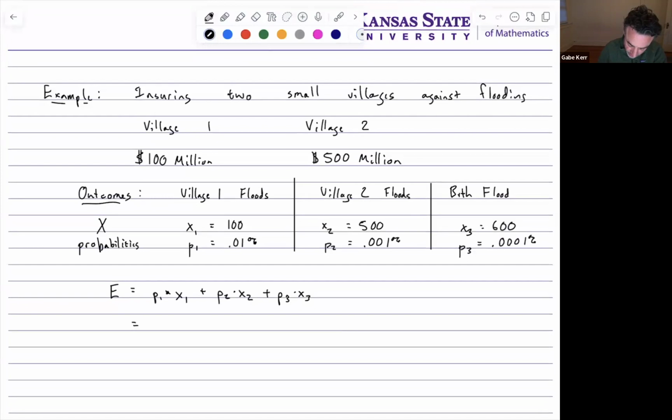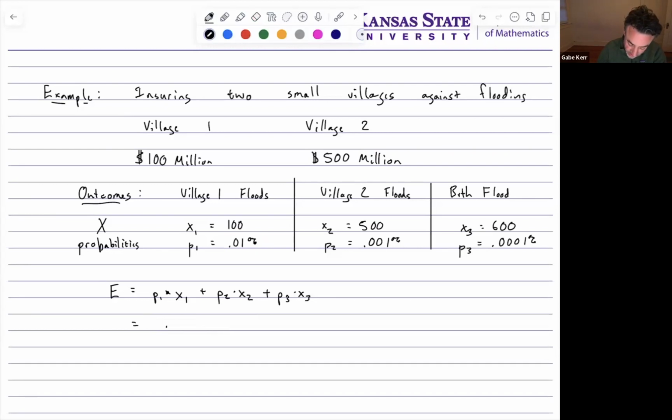And writing this out, we get 0.01 times 100 plus 0.00 1. I'm already messing up here. So let me erase this because hopefully you caught this error that I just made. The probability is not 0.01. I have to convert my percentage into a decimal.